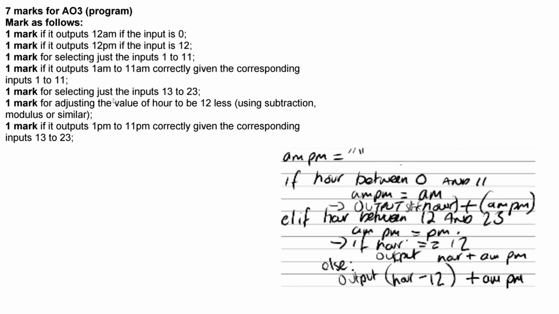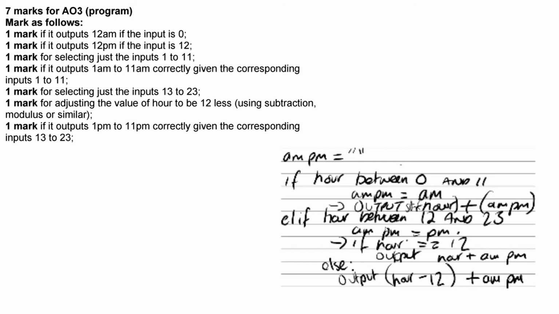1 mark for selecting just the inputs 13 to 23. Now this is a little bit confusing here because I've done my algorithm differently, so I'm not sure if the examiner would give me that mark now I think about it.